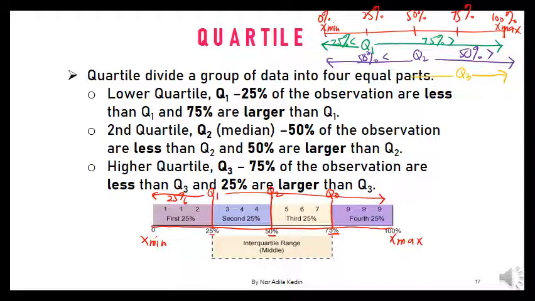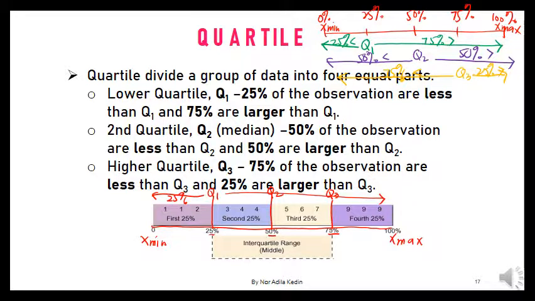Apa-apa di sebelah kiri Q3 awak, which is 75%, will be less than. And the other 25% will be more than your Q3. So, as simple as that. Nak interpret Q1, Q2 and Q3 sama semuanya, cuma bezanya adalah percentage.